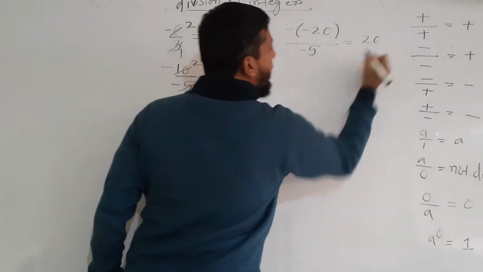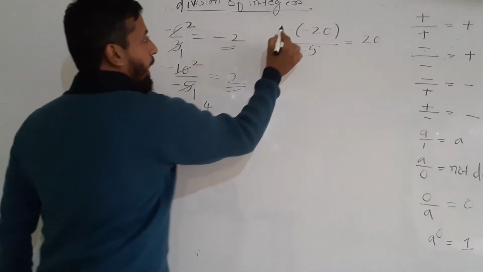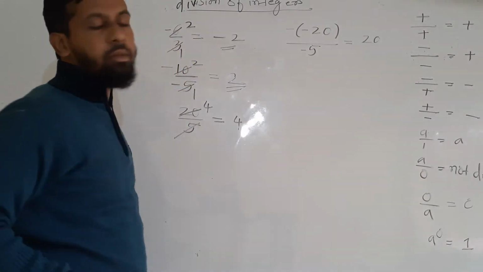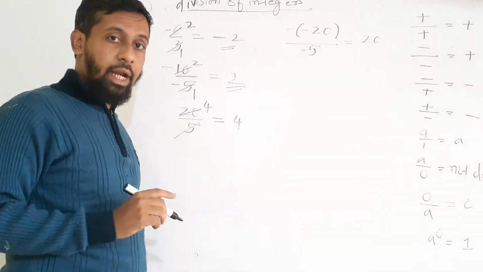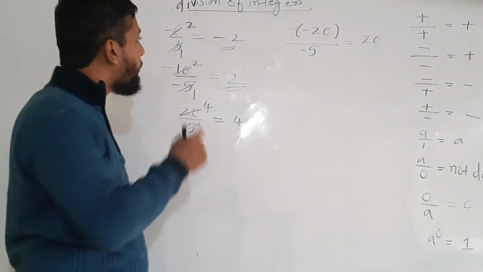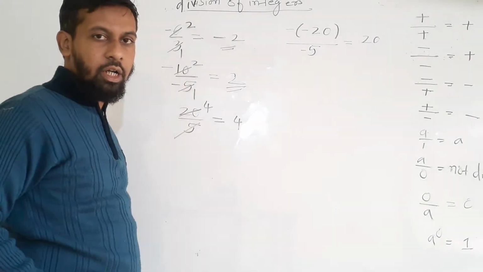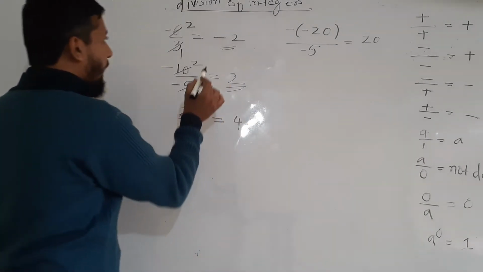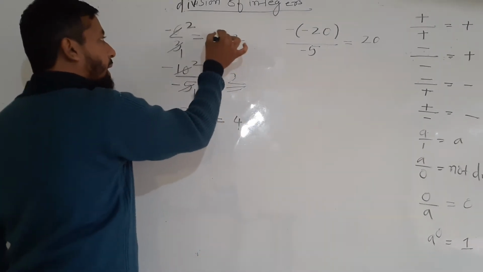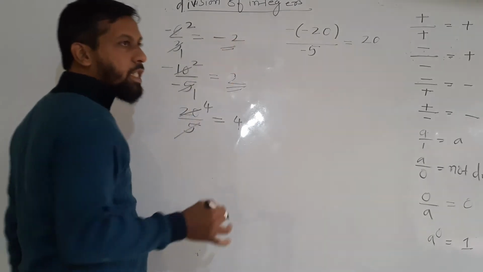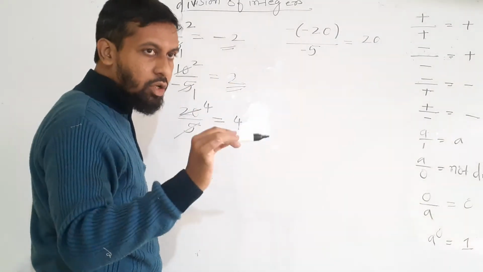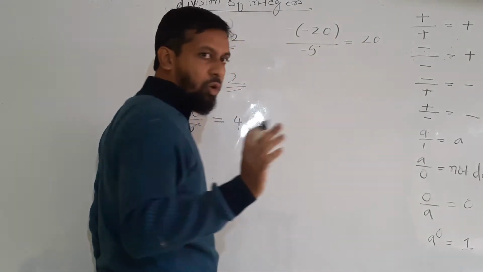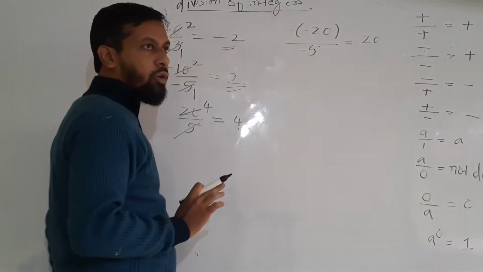Then we will get the result as 20. If plus is the sign, you need not mention it. And if minus is the sign, if you do not mention it, it is wrong. Keep in mind, it's very important. If minus is the sign, in the answer you have to mention that sign. If you do not mention it, it will be considered a wrong answer. If it is plus and you do not write it, then also it is correct.